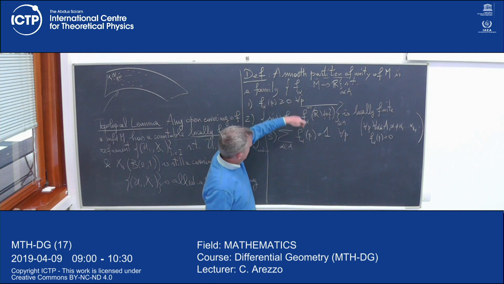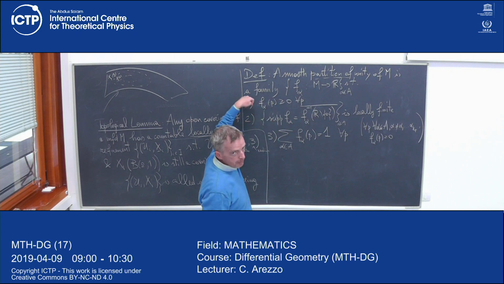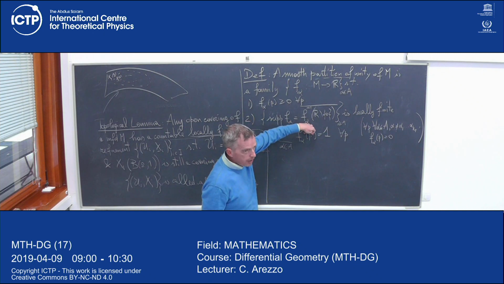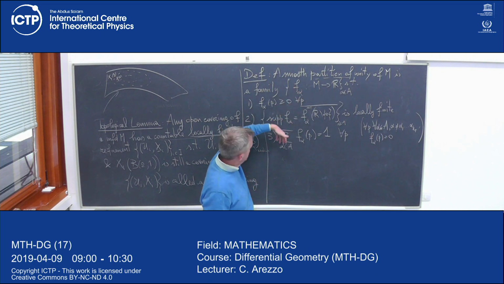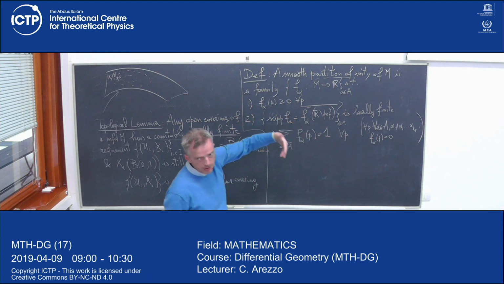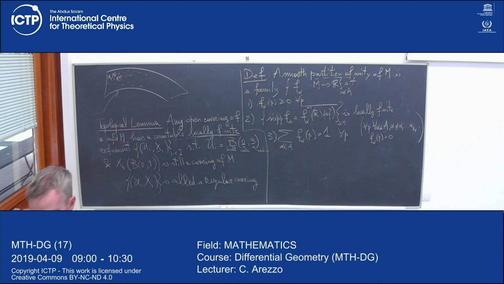Now I can phrase part 3 only after part 2, because otherwise this symbol could be meaningless. I know that for any point there is only a finite number, so this looks like an impossible sum, in fact an undefined symbol. But I know by part 2 that this will be non-zero only for a finite number of choices. So it's a finite sum. Okay?